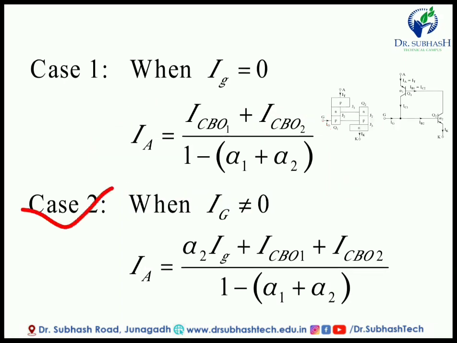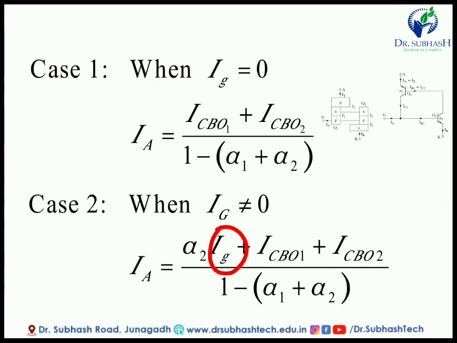Now case 2: whenever we give some gate current, meaning it is not equal to 0, at that time IA is equal to (alpha 2 IG plus ICBO1 plus ICBO2) divided by (1 minus (alpha 1 plus alpha 2)). The only difference is that we have to consider IG, which is not equal to 0, so some value of IG.